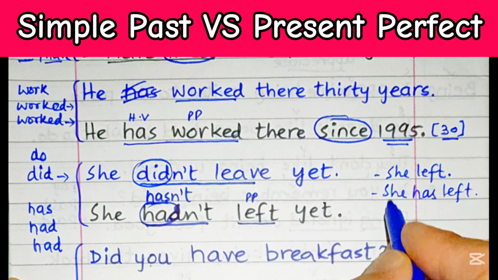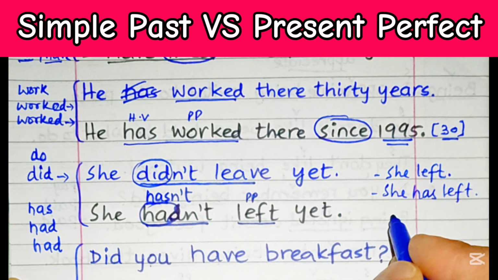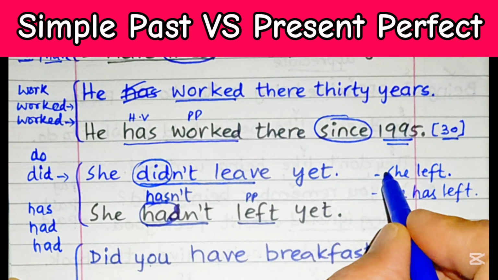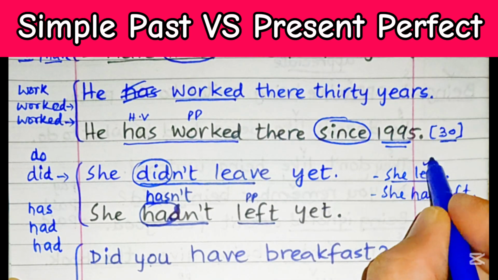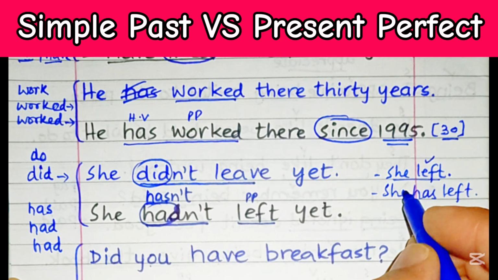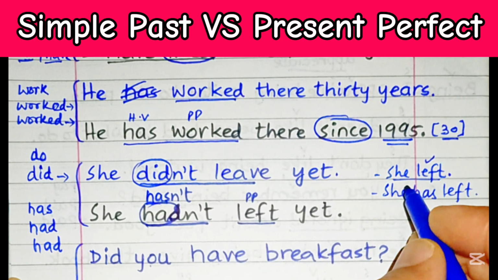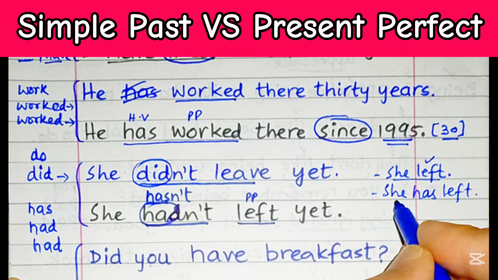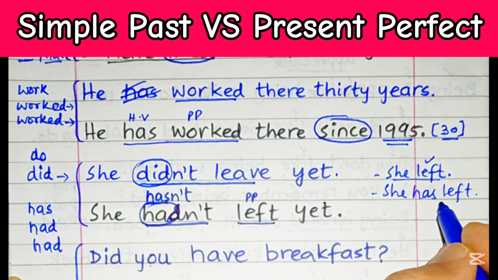For both of these, meanings are about the same. This is clearly in the past, she left. This is clearly in the past. And this one, she has left, is also in the past, but it sounds like the recent past, as if it has just happened.